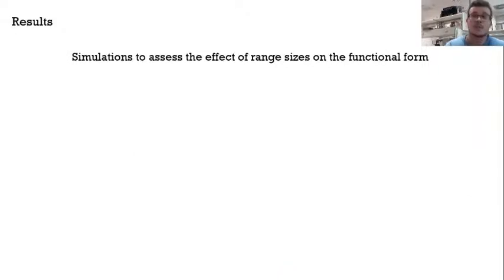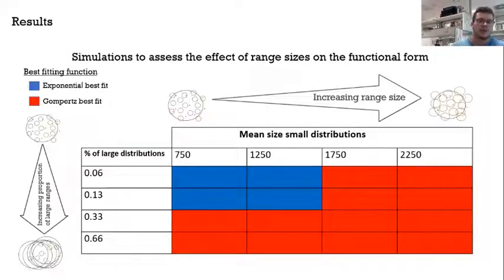The simulation results show that for the scenarios with the smallest distributions and the lowest percentage of large distributions, it is the exponential function that presents a better fit. In the cases with the larger distributions, it is the Gompertz function that presents a better fit.